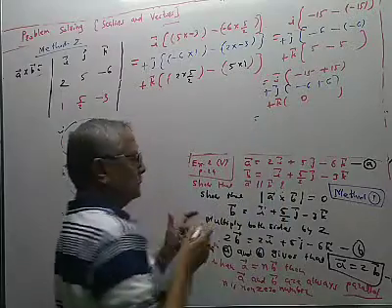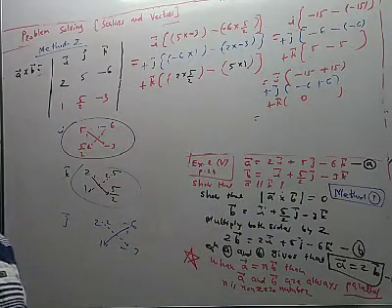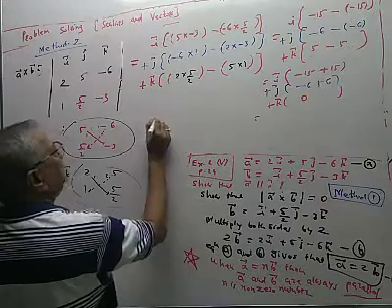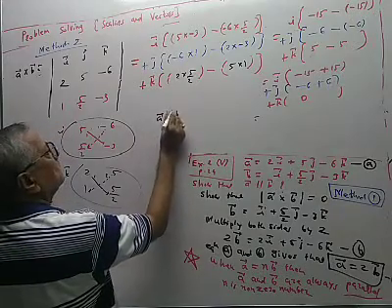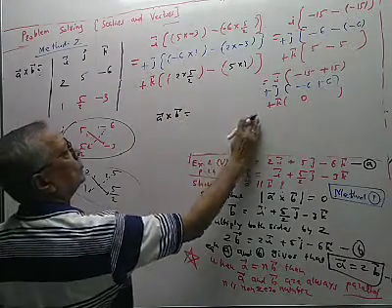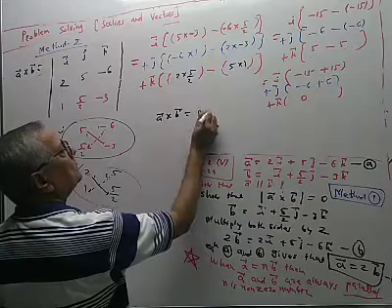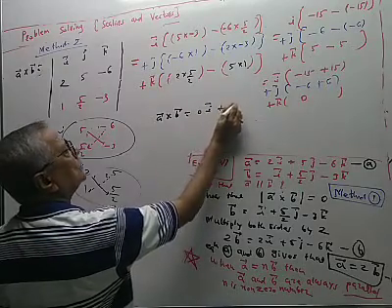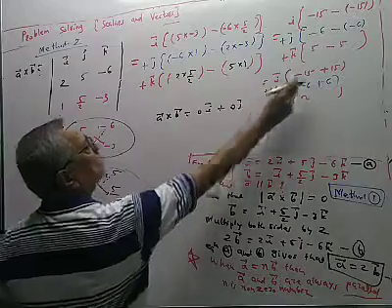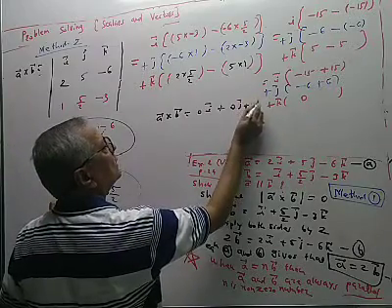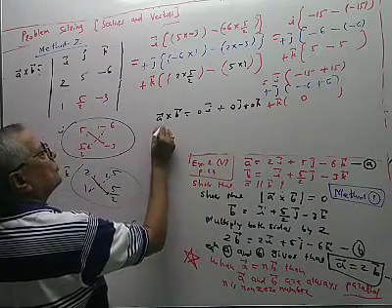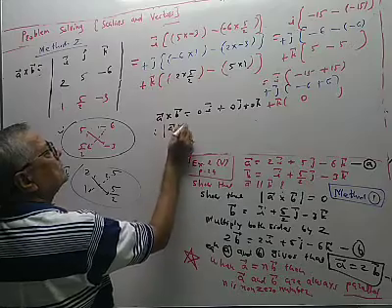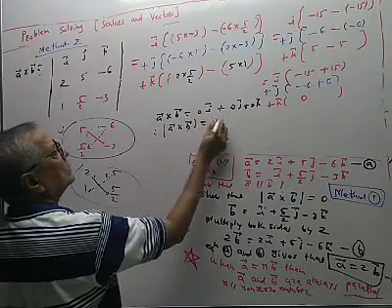So this is equal to A cross B is equal to 0 times i plus 0 times j plus 0 times k, and therefore the magnitude of A cross B, it is a 0 vector.